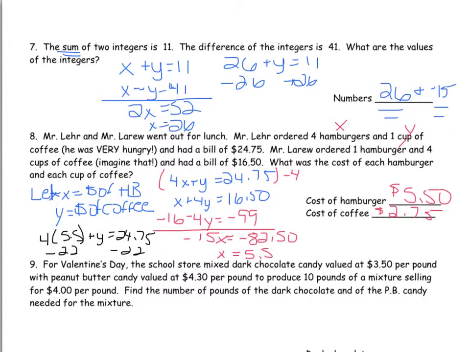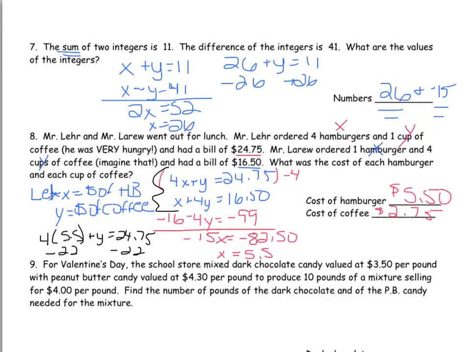So now I see 4x plus 1y equals $27.75. And LaRue ordered 1x and 4 y's for $16.50.